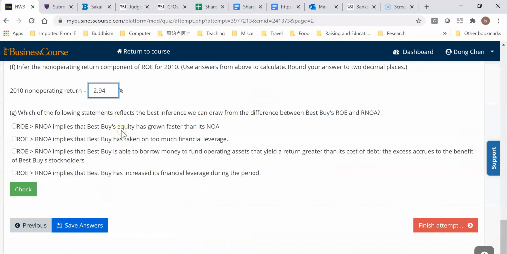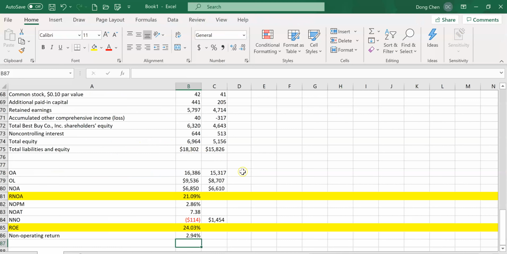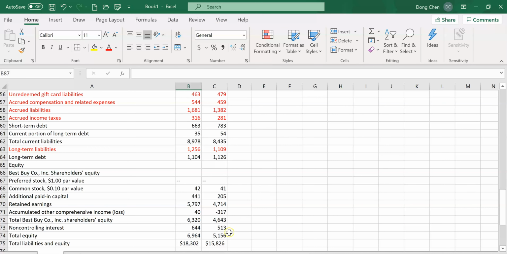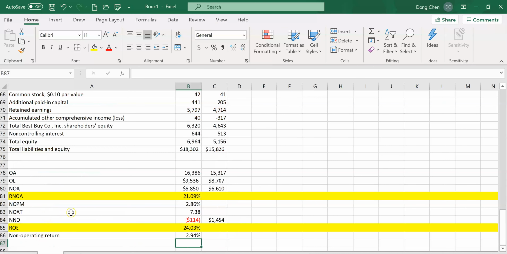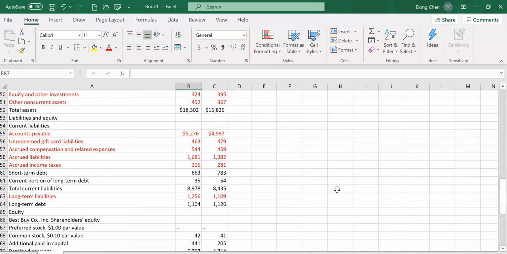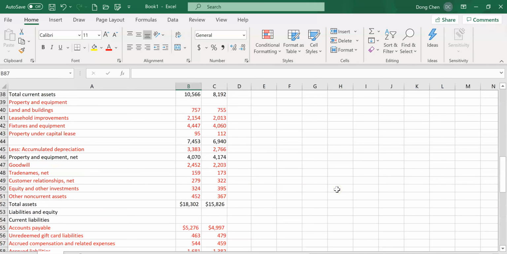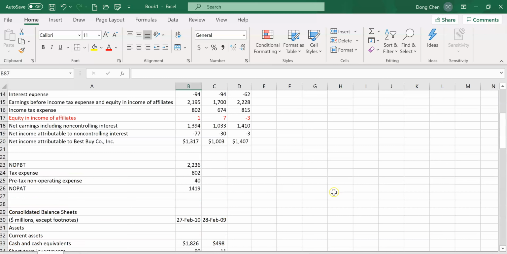It's 2.94. So if it's positive, that means the non-operating return is coming from, because if you notice, when we do the calculation for the operating return, which is RNOA, we have excluded all the financing items from the calculation, like the long-term debt, the short-term debt, those kinds of financing items.